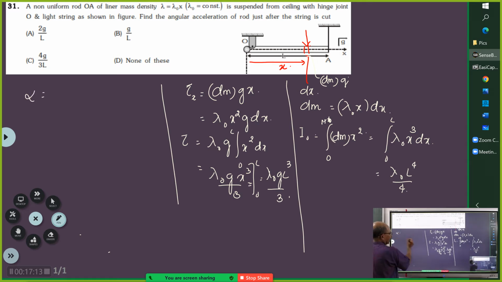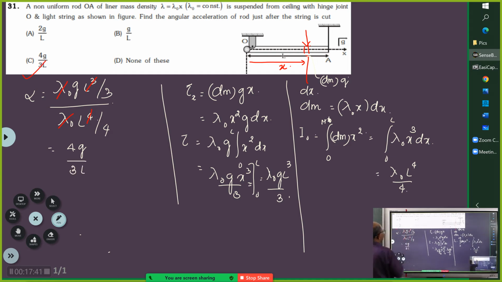So alpha will be equal to tau over I: lambda naught g L cube by 3 divided by lambda naught L4 by 4. So lambda naught will cancel, L cube will go, and we will be left with 4g by 3L. So C should be the option.